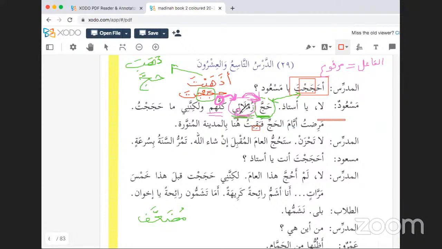But when the verb is in its original form, it is hajja, not hajaja. Okay. Then he said, maridtu ayyam al-hajji, fabaqitu, baqiya yabqa, baqitu huna bil madinati al-munawwarati.